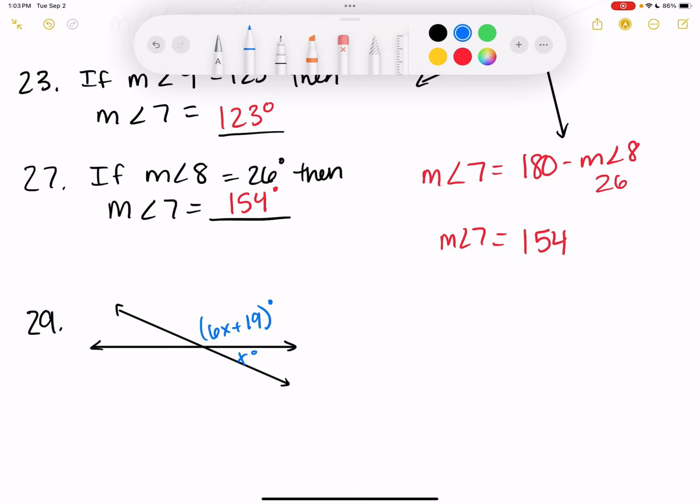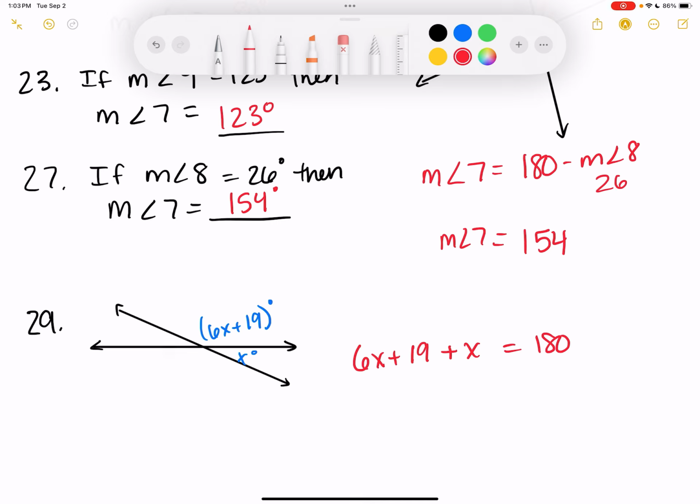So what do I know has to be true of these two angles that I'm trying to solve for? They're equal to 180 degrees. So I'm going to say 6x plus 19 plus x is equal to 180.